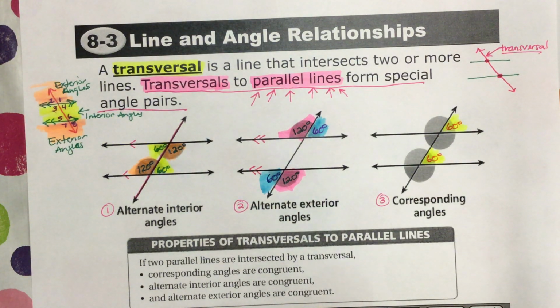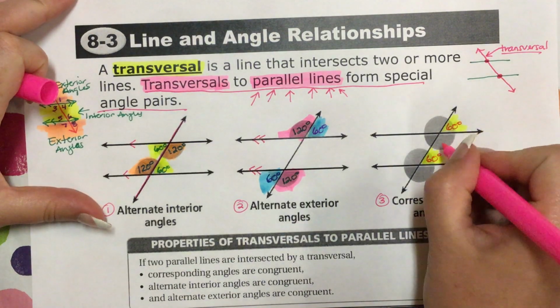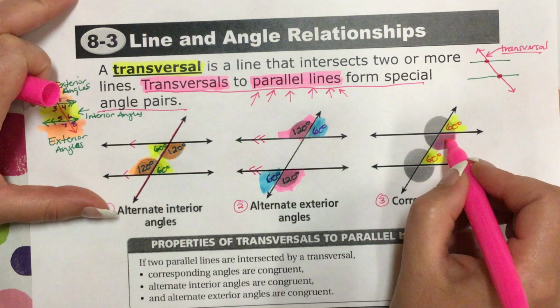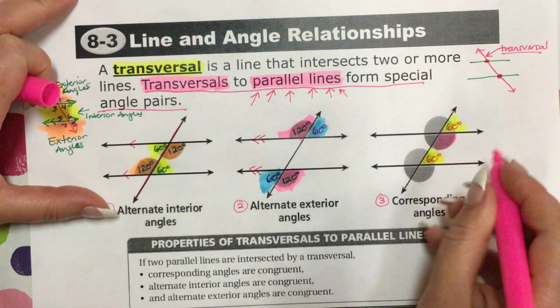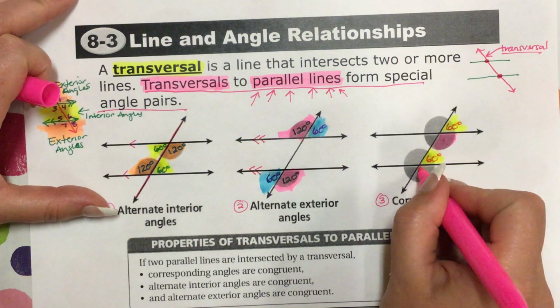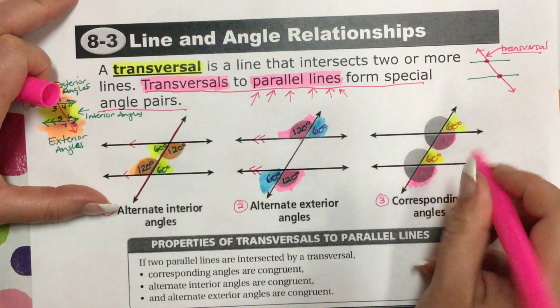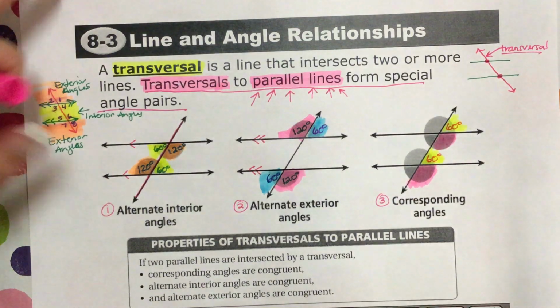Let's look at another one. Let's look at this one right here, this angle. If this one's interior, its corresponding angle is going to be on the same side of the transversal, but this one's going to be exterior. These are the same measure.